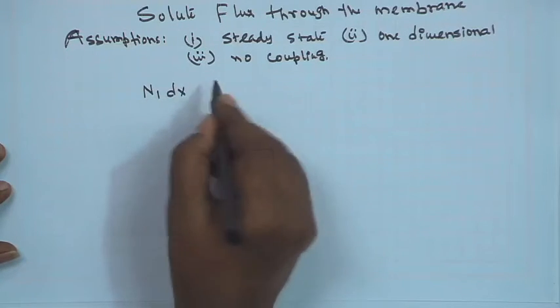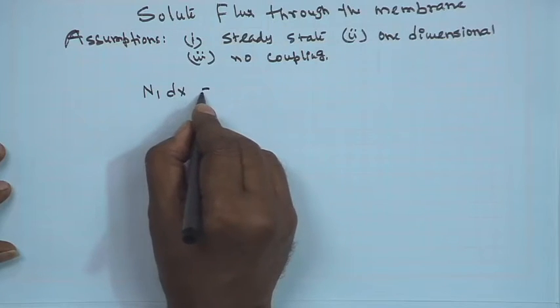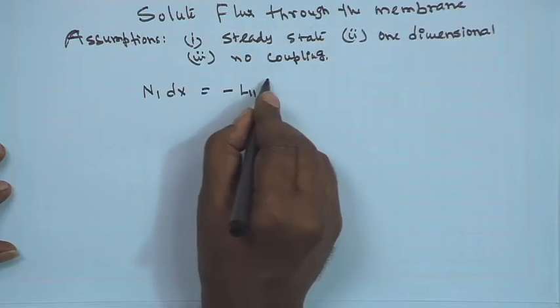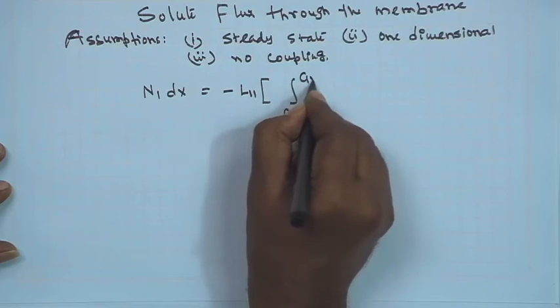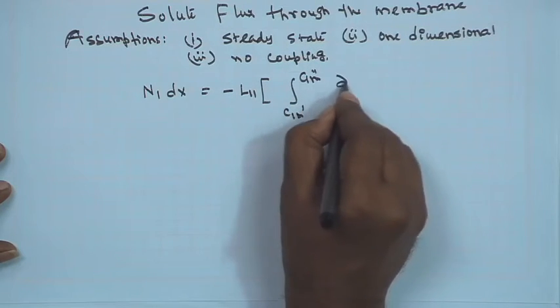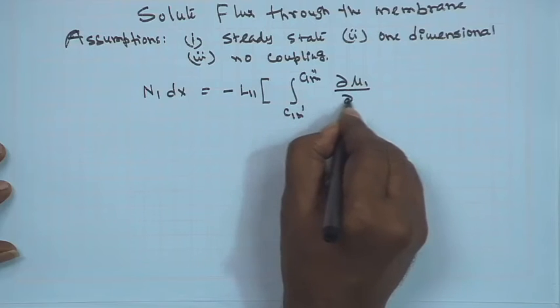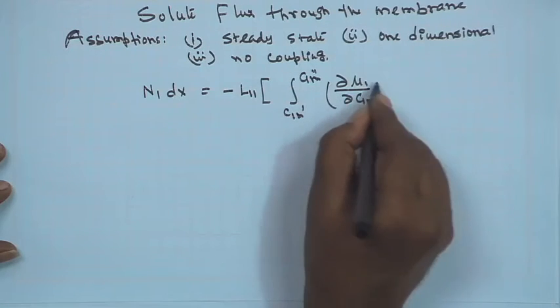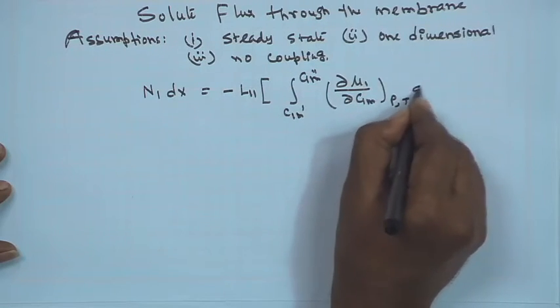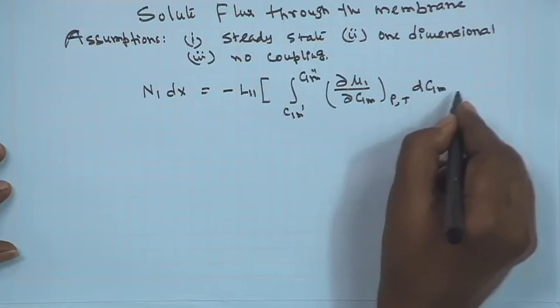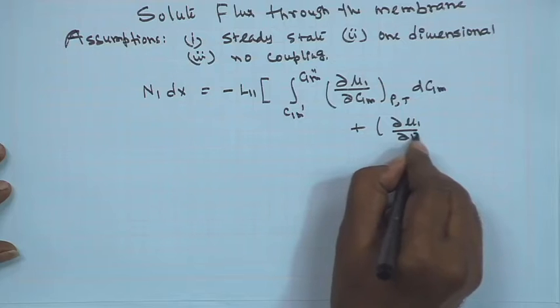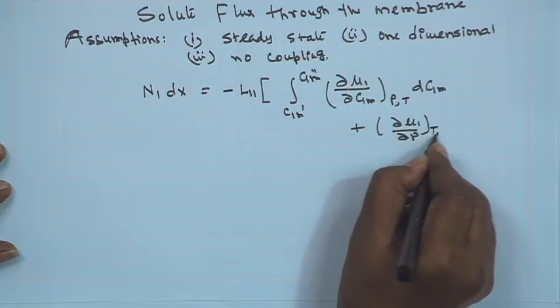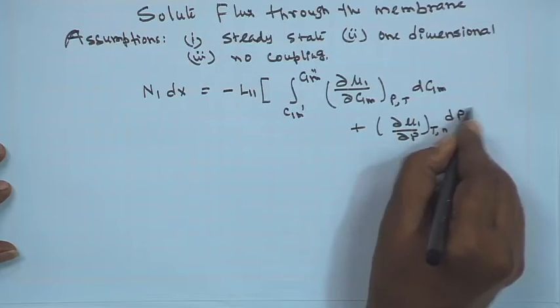We have already done earlier that N1 dx is minus L11 integral from C1m prime to C1m double prime of del mu 1 del C1m at constant pressure and temperature dC1m plus del mu 1 del p at constant temperature times dp.